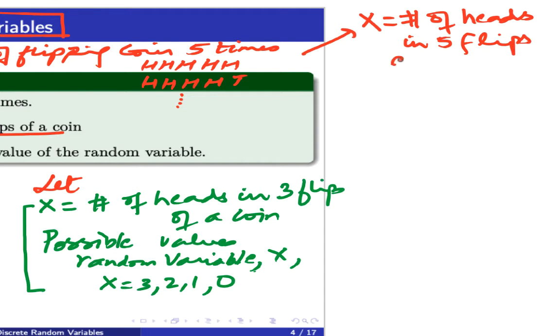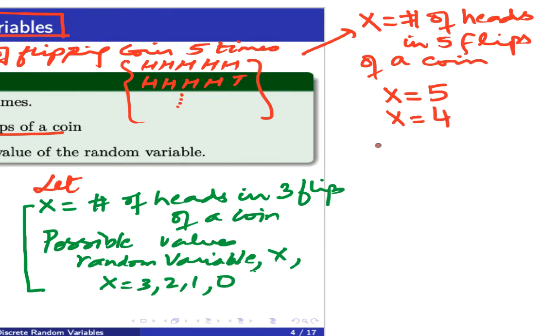So basically, all this information is written by one little sentence. And then on top of that, it says, okay, what are the possible values? When you flip a coin, what can this random variable take? This random variable can have all 5 flips be heads, or this random variable can be 4. There can be 4 heads in flips of a coin.